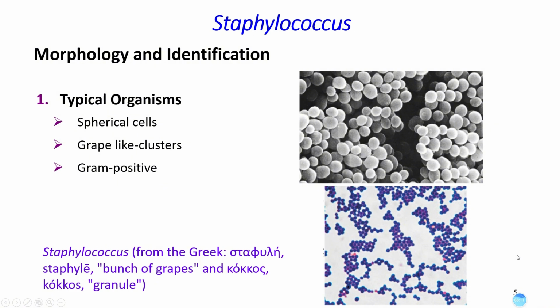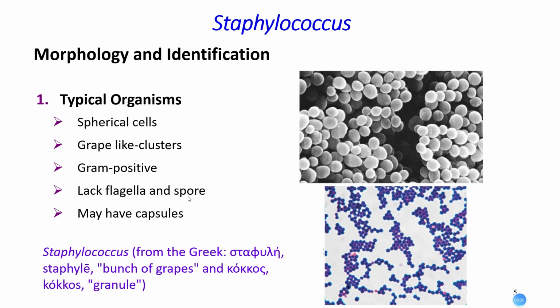So after gram stain, they show the blue-purple color. And they don't have flagella, so they are not motile, and they don't form spores. Here the spore means endospore, so they cannot form the dormant endospore. And sometimes they may produce capsules.